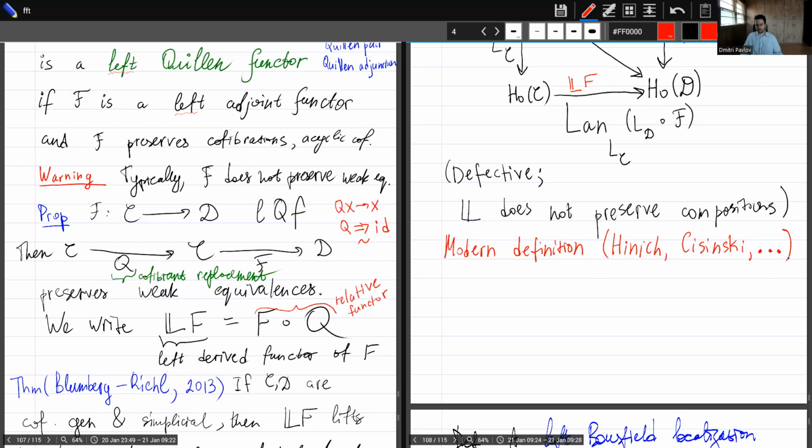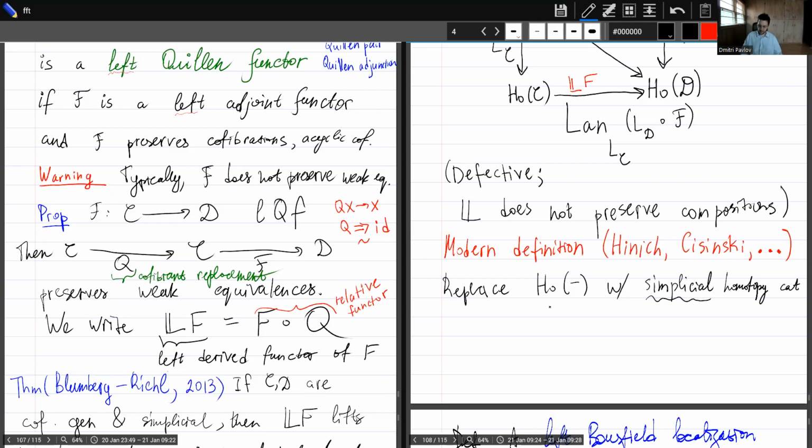The fix to these defects would be simply to replace the homotopy categories with simplicial homotopy categories, also known as the infinity localization.